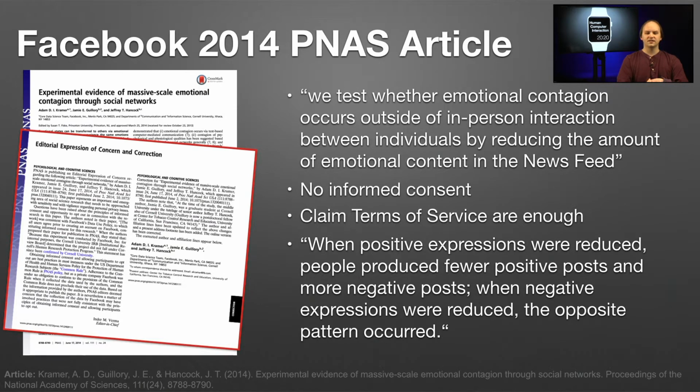And then they looked at what people posted and how they behaved in each of these conditions. And they found that they were able to actually have people post more negative things, or be in more of a negative state when they flooded them with just the negative, and then the opposite with the positive.